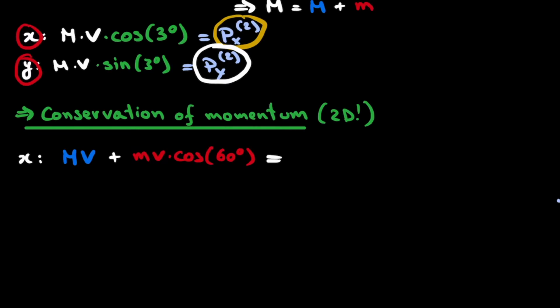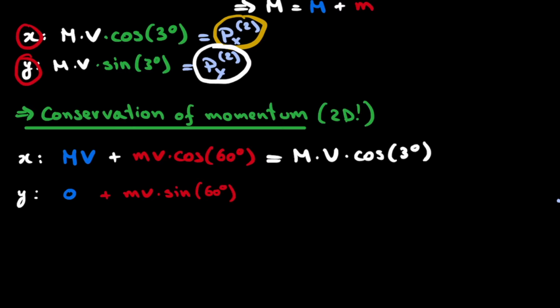And after the collision, we found the following, which is basically this term right here. We had the mass of the composite system multiplied by its velocity, multiplied by this cosine of 3 degrees. And similarly, in the y direction, before the collision, we had 0 for the comet, plus the mass times the velocity of the smaller object, multiplied by the sine of 60 degrees.